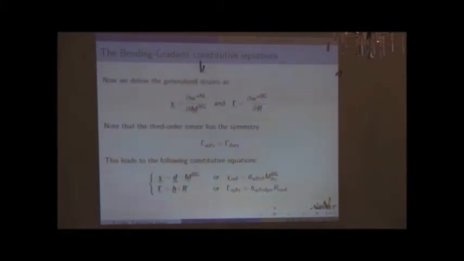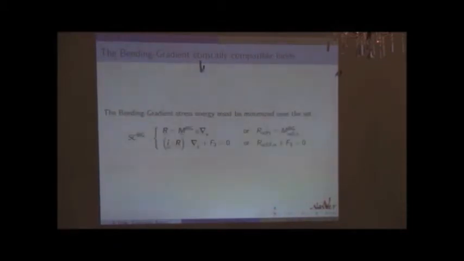So I will introduce the generalized strain, the curvature, which is not exactly the curvature in the sense of Kirchhoff, as the derivative of the stress energy with respect to the bending moment, and the generalized shear strain as the derivative of the stress energy with respect to the generalized shear force. I haven't mentioned that, but it's pretty obvious that the generalized shear force is symmetric with the first indices because the bending moment is symmetric with the first indices.